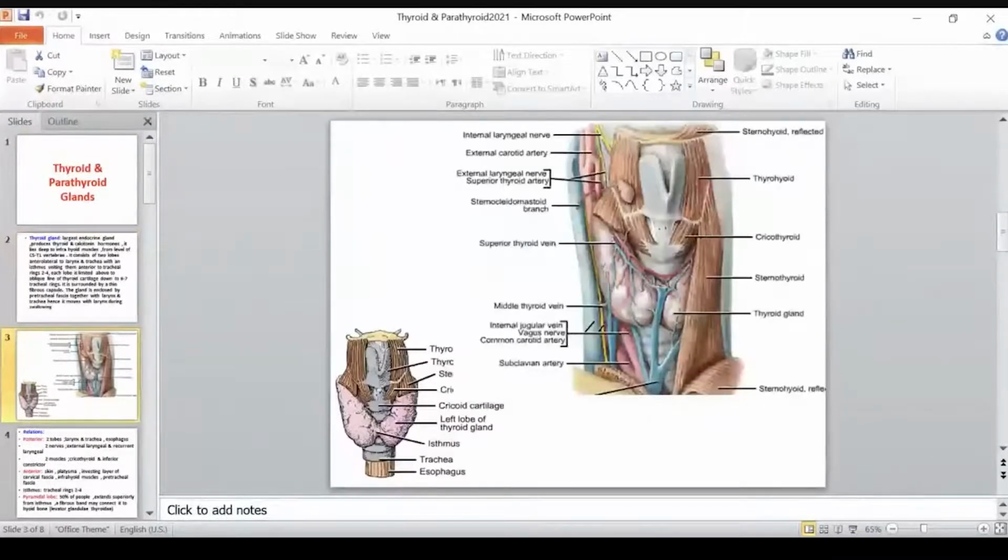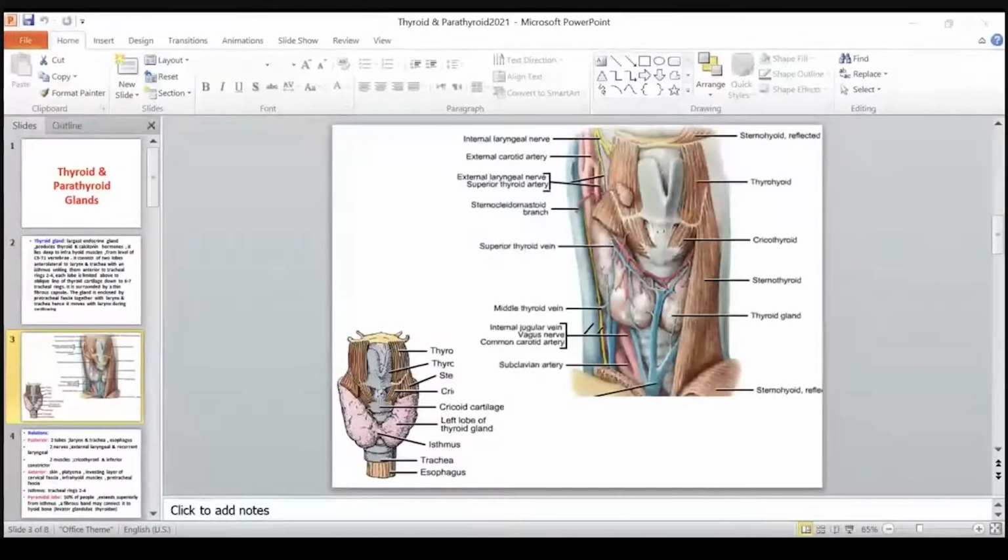Now, the thyroid gland is the largest endocrine gland in the body. It's a single gland, but it's formed of two lobes, right and left, with an intermediate part joining the two lobes. We call it the isthmus of the thyroid.